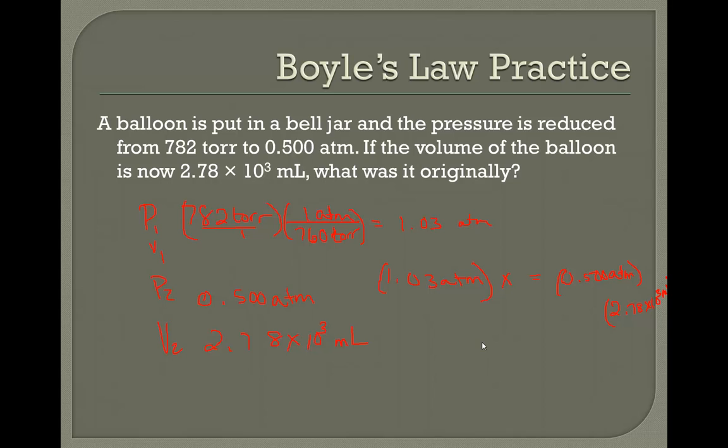So 0.5 times 2.78 equals 1,390 atm milliliters. 1.03 atm times X. X is now equal to 1,350 milliliters.